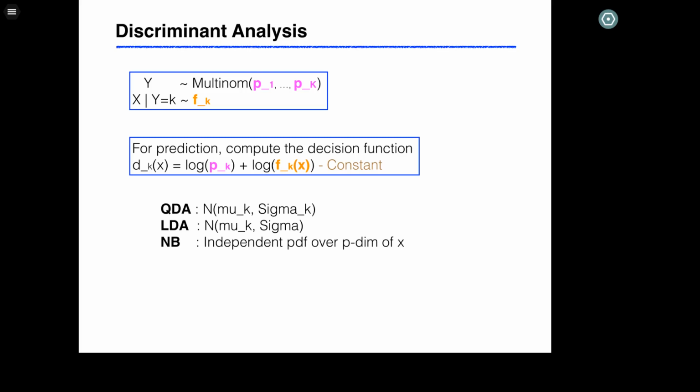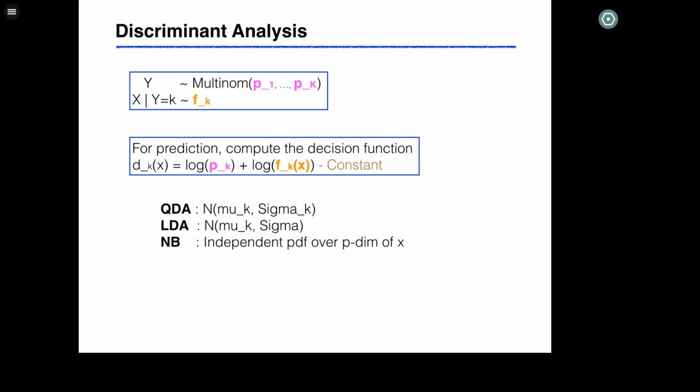So d sub k of x is equal to log pk plus log of the distribution function fk evaluated at x. And we can further subtract any constant which is irrelevant to k, because all we care about is the order of those capital K values, and that will help us to predict the y value for x.